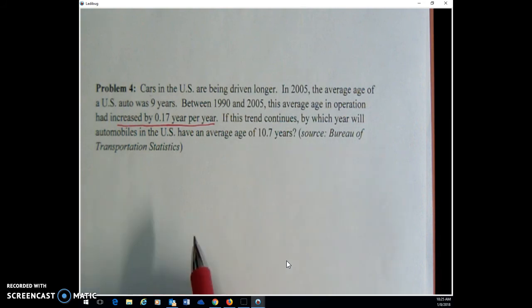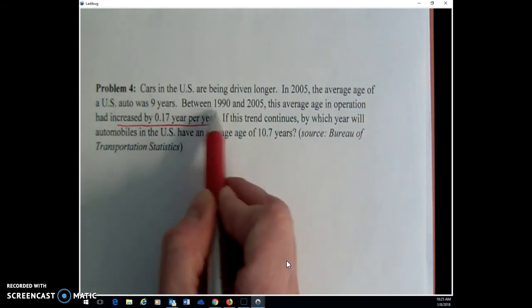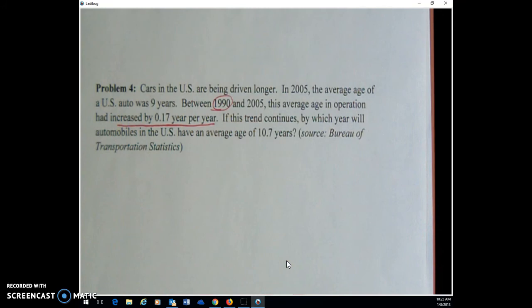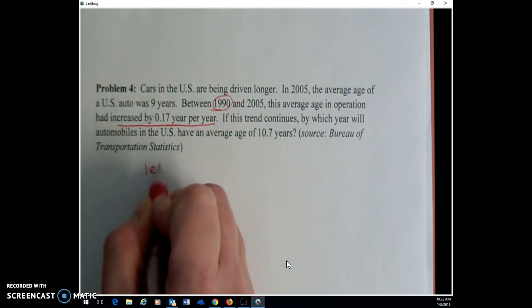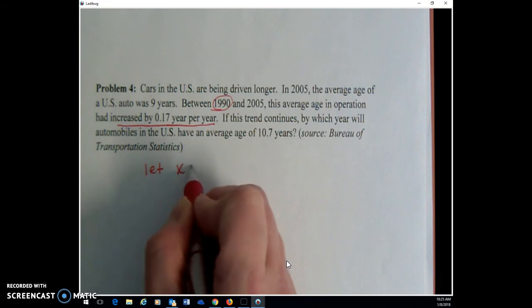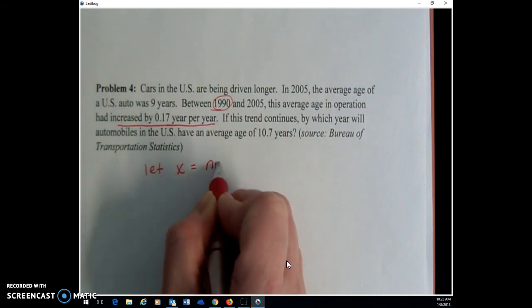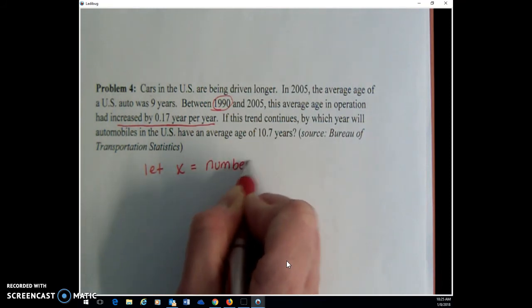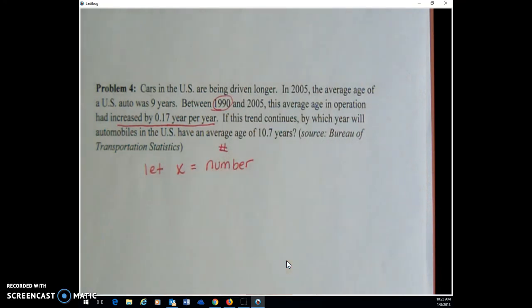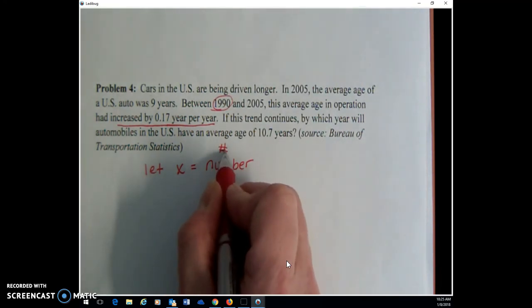So if we look at 1990 being the initial year, we can say that let X equal the number of years. Sometimes I use this hashtag symbol to say number, quickly.